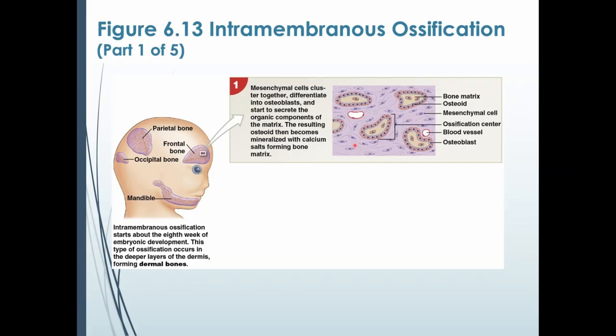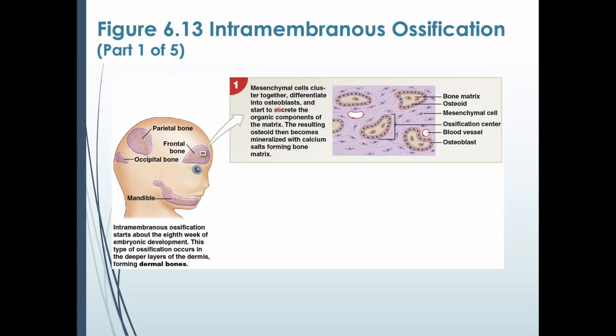And that term differentiation, remember, we talked about the stem cells and how the osteoblasts are a result from those stem cells. So when we talk about differentiation, we're literally talking about the stem cells becoming very specific osteoblast cells.